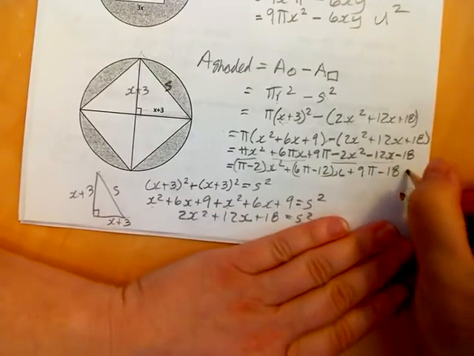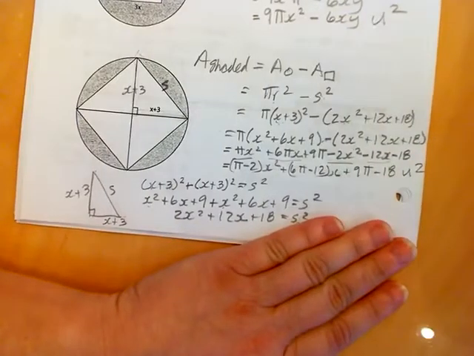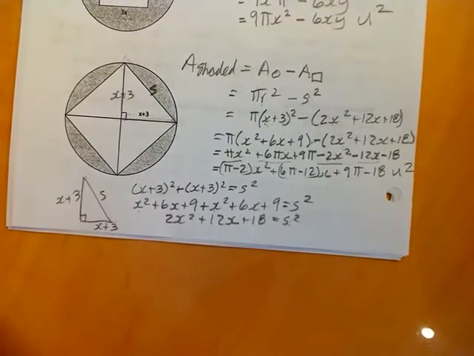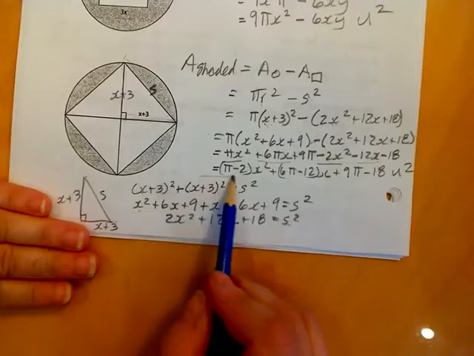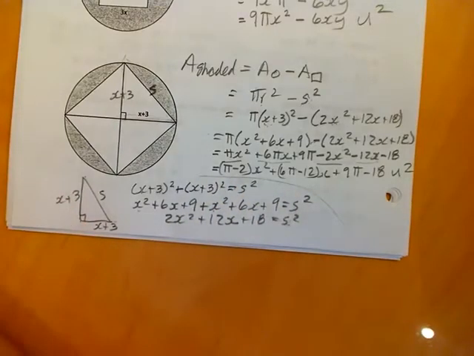And then I've got units squared. So this is not your usual area question that you're used to, but it's applying what you know, and it's grade 10 math. So there you go for common factors and some area problems.